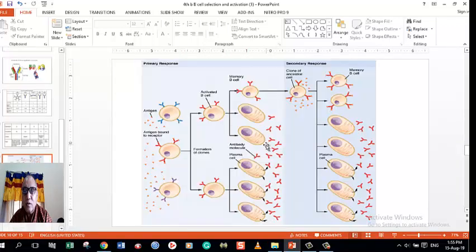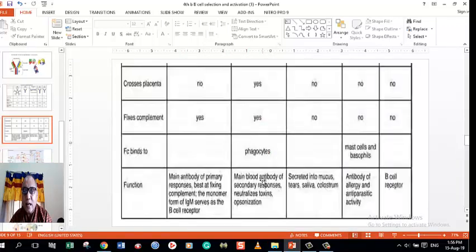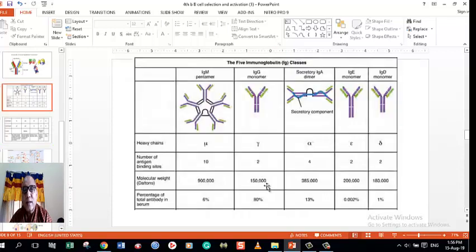When there is a second encounter, the plasma cells will subsequently produce the antibody IgG. So this is for the primary encounter, and this is for the secondary encounter. When the same pathogen attacks a second time, these will be produced, and then they act against that pathogen.